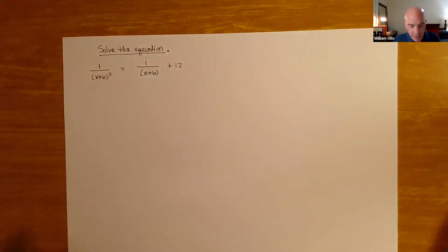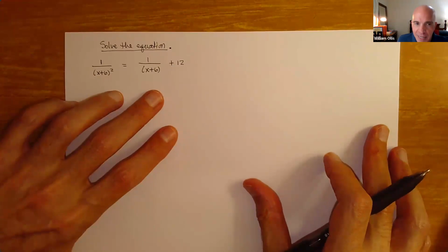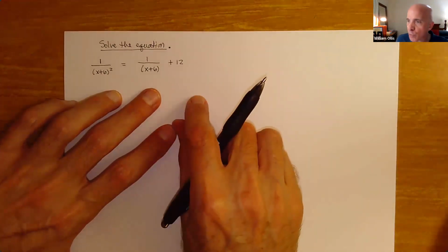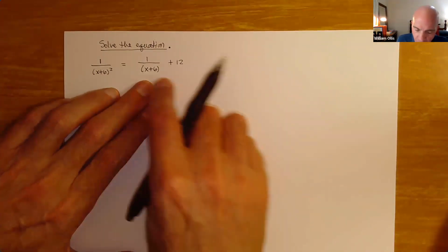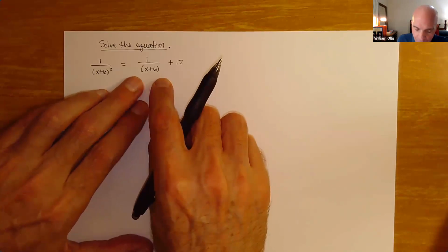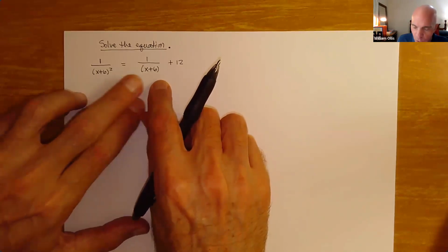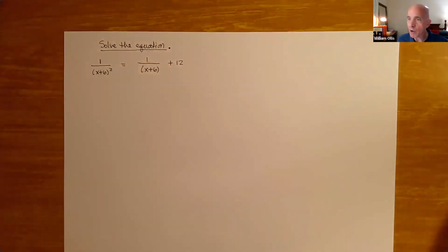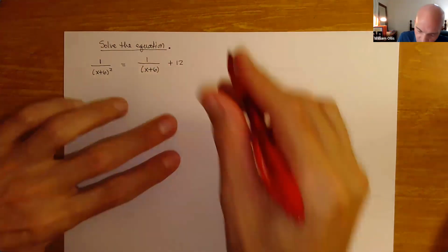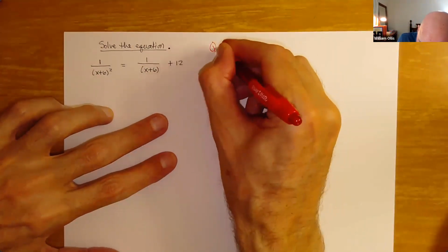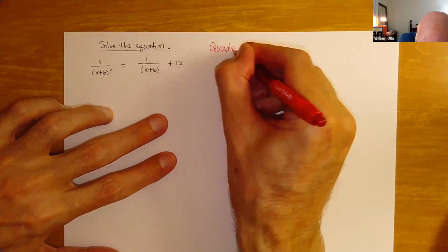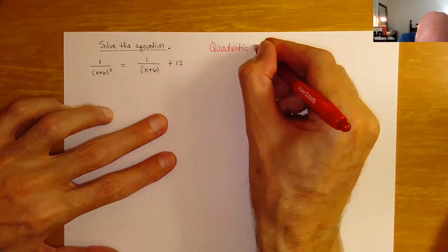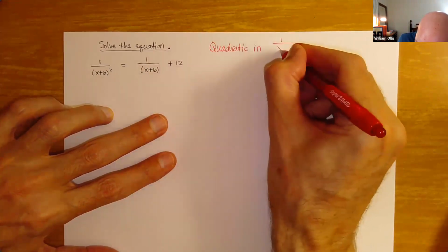So when you look at this, it's the same thing as we had before, but not as user-friendly. Notice what's interesting about this is that we have a square, a quadratic, where we're squaring 1 over x plus 6. So that replaces the x that we're used to. So in this case, we have quadratic in 1 over x plus 6.